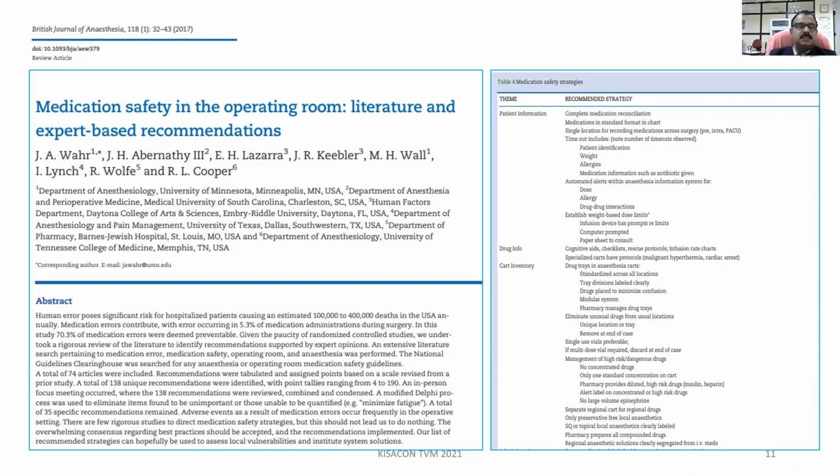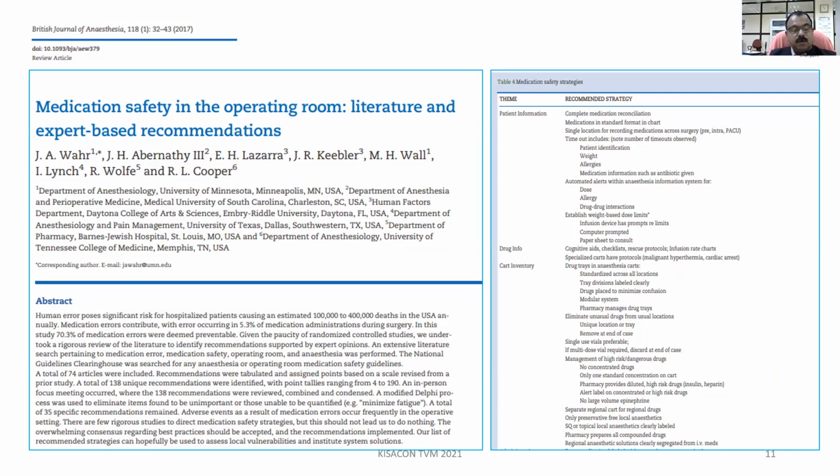Then coming to another study on medication safety. They brought out a total of 35 specific recommendations for medication safety. Adverse events as a result of medication error occur frequently in the operation setting, and there are not many studies to direct the medication safety strategies.